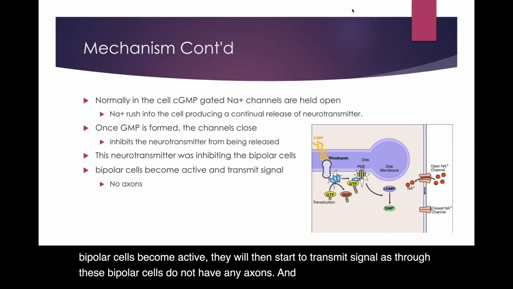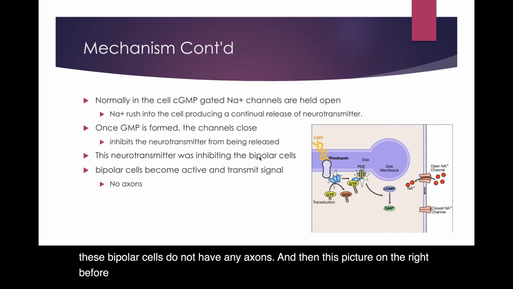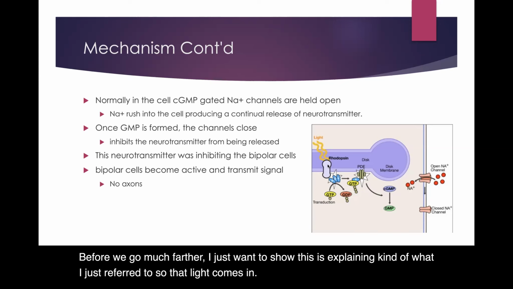And then this picture on the right, before we go much farther, I just want to show, this is explaining what I just referred to. So light comes in, it first converts rhodopsin.